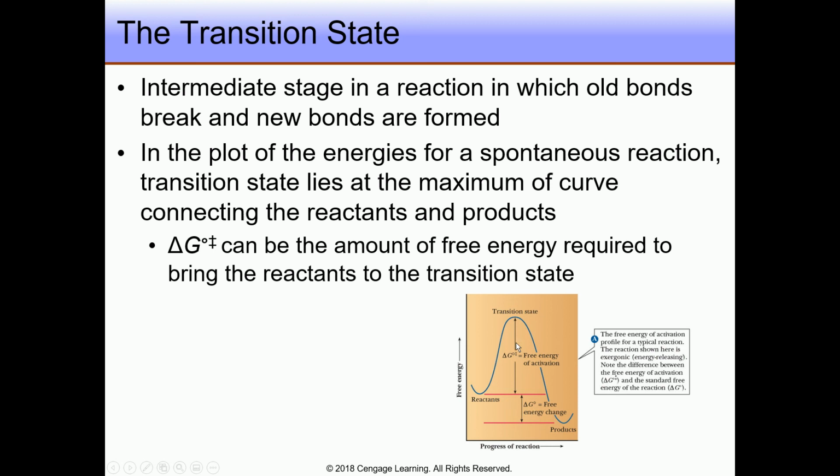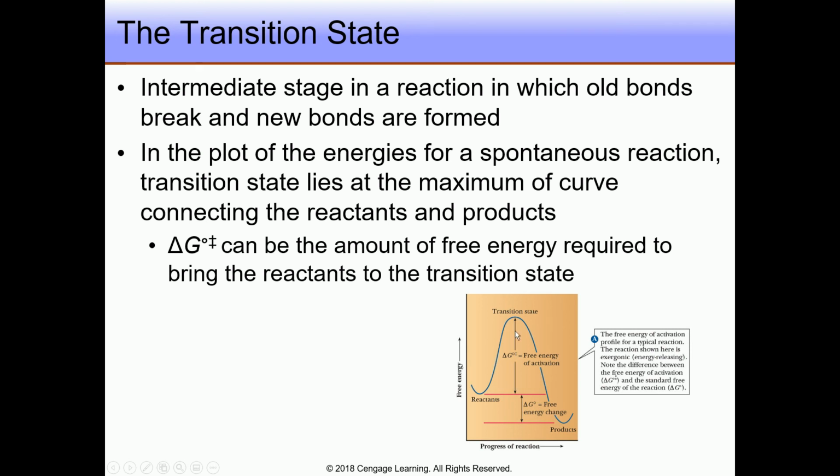This amount of energy which is required to be input into the reaction is called activation energy. When these reactants get this amount of energy, the activation energy, they reach the transition state, and in this state they react and then form the products.